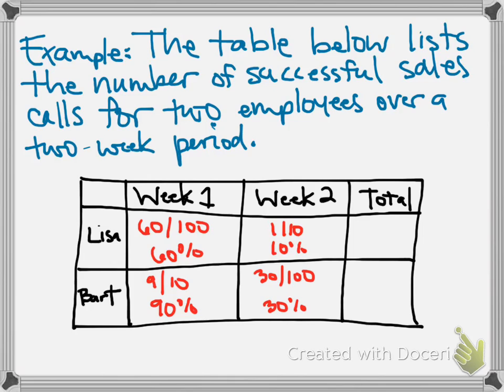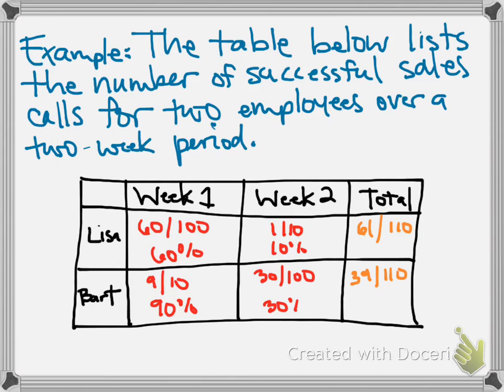We know that Lisa was successful with 60 calls in week 1 and 1 call in week 2. So that, of course, means that she had a total number of 61 successes out of, that's supposed to be a 61, which you can't read. Let's try that again. It's a little better. So she was successful 61 out of 110 attempts, and Bart was successful 39 out of 110 attempts.